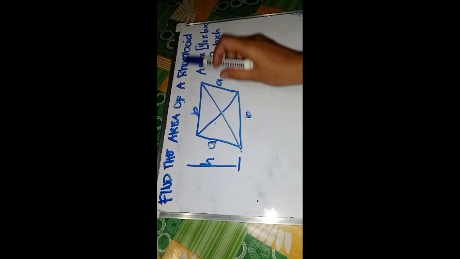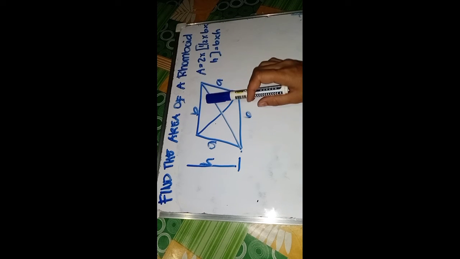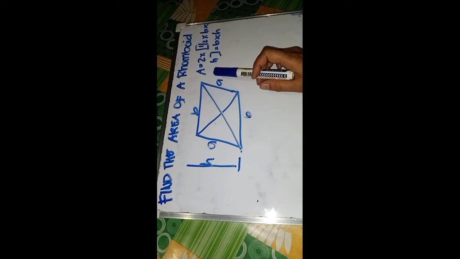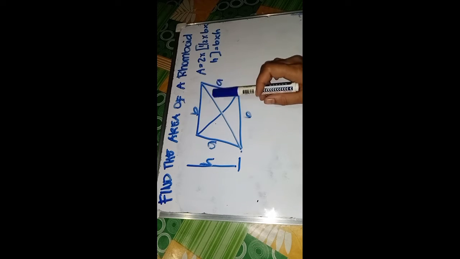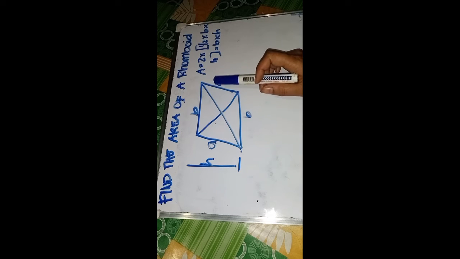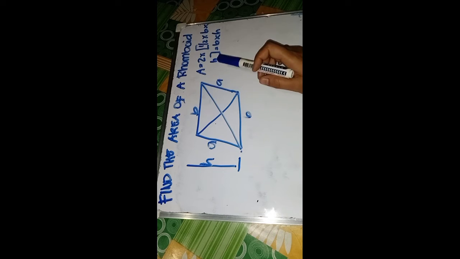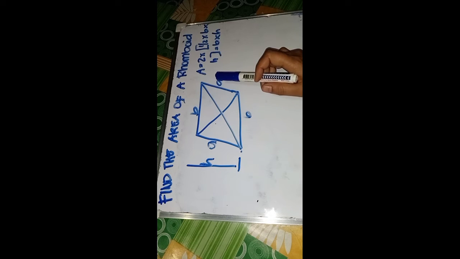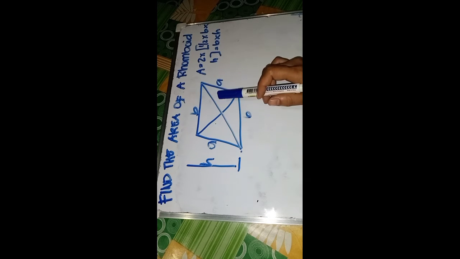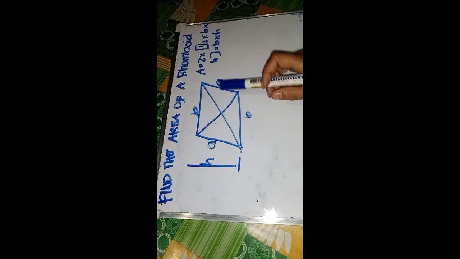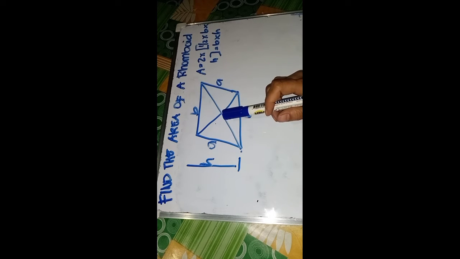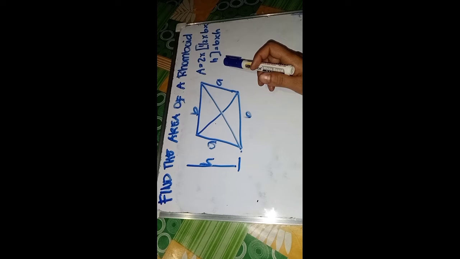Find the area of a rhomboid. The amount of space occupied by a rhomboid is called the area of a rhomboid. Since the diagonal of a rhomboid divides it into two congruent triangles, the area of a rhomboid becomes twice the area of a triangle. The area of a rhomboid is represented in square units.